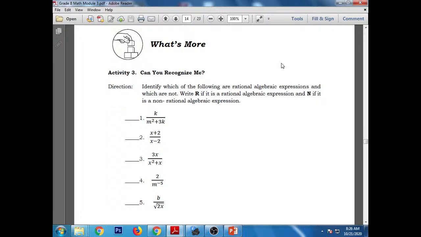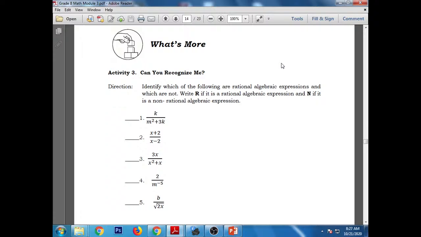Number 2. x plus 2 all over x minus 1. Okay, the answer is R. Rational algebraic expression. Number 3. 3x all over x squared plus x. The answer is R. Rational algebraic expression again.